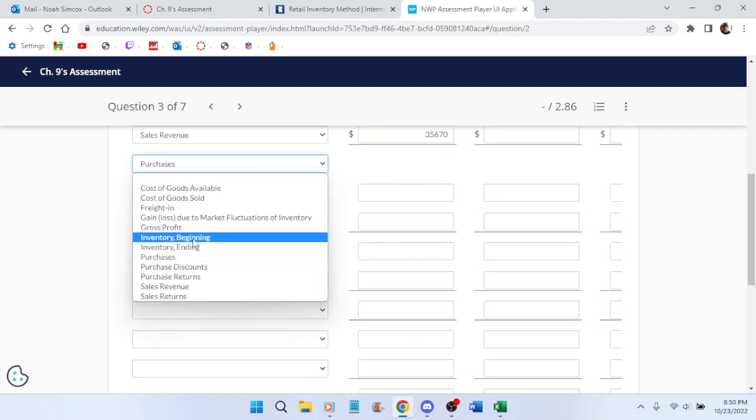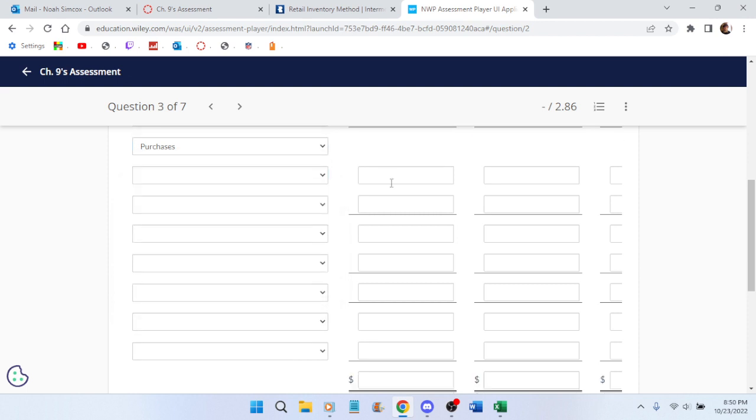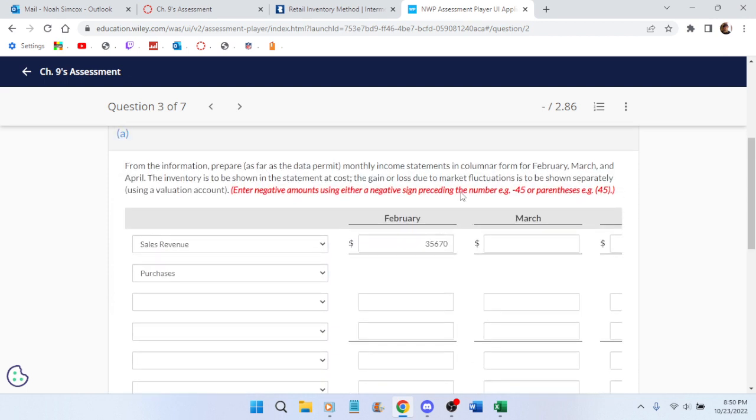They don't have inventory on here. No freaking way. There's no way you're going to tell me that you want me to put an inventory amount on an income statement. Really? Are you serious?